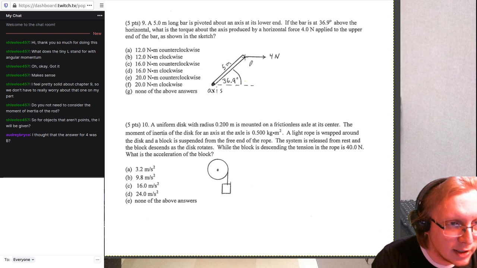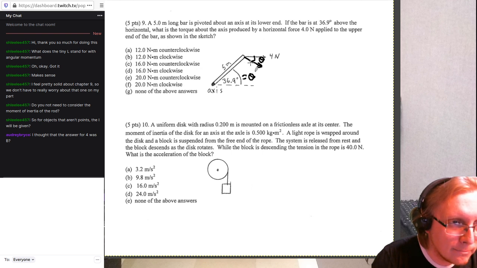We need this angle, and this component here, and we end up with this angle here being theta. I think that's what we're looking for.